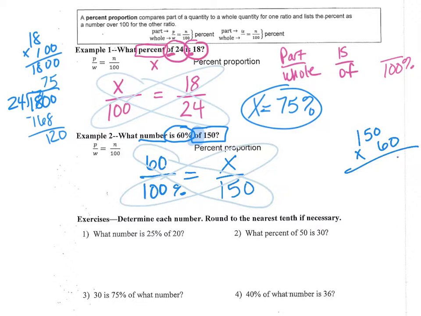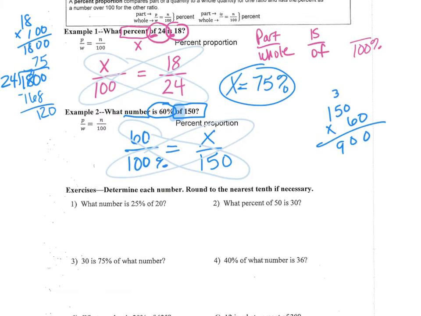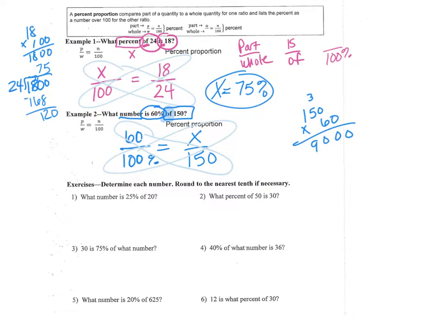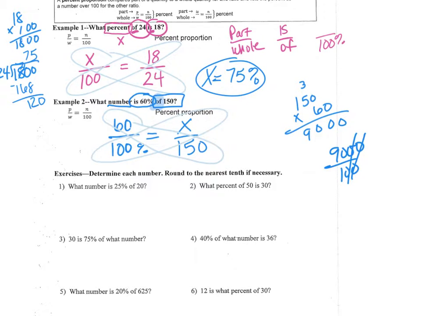So 150 times 60, so we get 900. Okay, so 9,000. 9,000 divided by 100. So that x should be 90. And since it asked for what number, I'm going to leave it like that because it didn't ask for what percentage. It gave me the percentage.